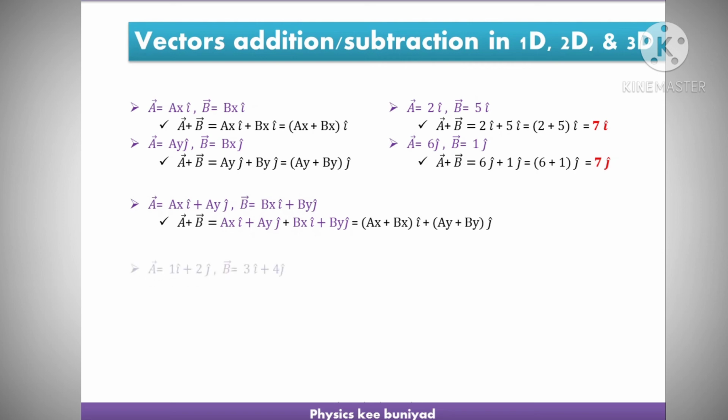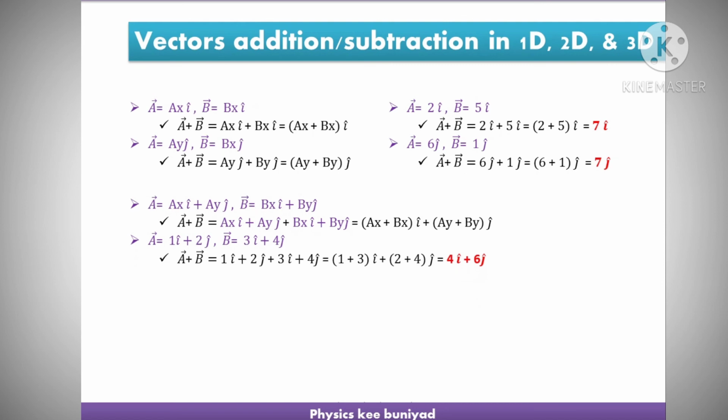Now let us take an example to understand it. Suppose vector a equal to 1 i cap plus 2 j cap, similarly vector b equal to 3 i cap plus 4 j cap. Now we will add vector a and vector b. So we can write a plus b equal to 1 i cap plus 2 j cap plus 3 i cap plus 4 j cap.